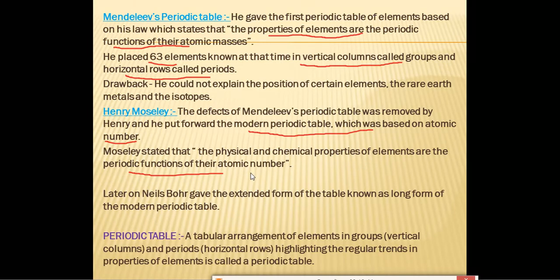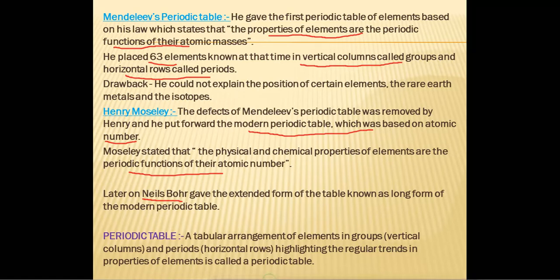Means in the modern periodic table, the properties of elements will be based on their atomic numbers, not on the basis of their atomic masses. Later on, Niels Bohr gave the extended form of the table known as the long form of the modern periodic table. Okay, the next scientist, Niels Bohr, gave the long form of the modern periodic table.